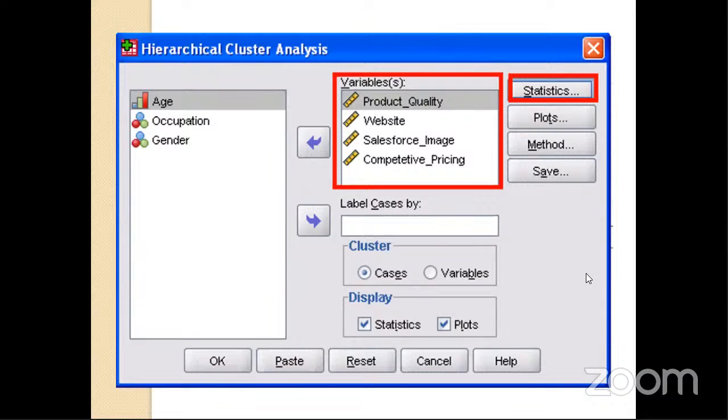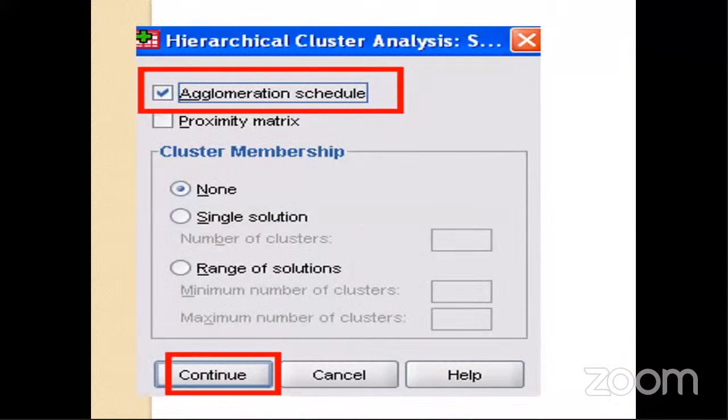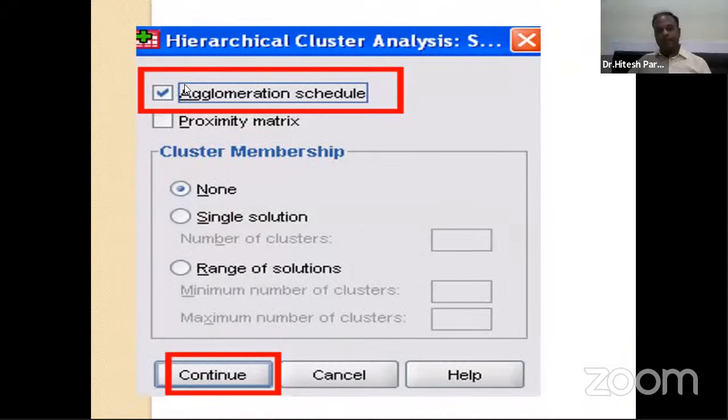Click on Statistics. Give a tick mark to agglomeration schedule and continue.